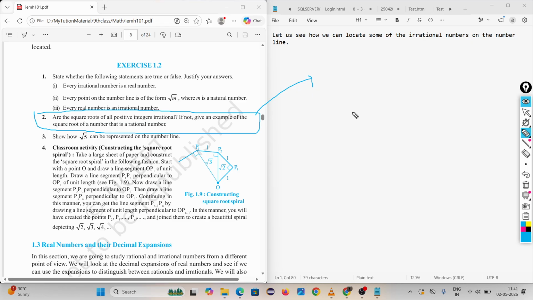Remember, you always think, sir, why does it talk about positive integers? If it is a negative integer, the square root comes under imaginary numbers, another category which you learn in 11th class. So that's why it is written positive integer. If any negative number is under the square root, that is called an imaginary number. So we don't consider negative numbers this time. The question is saying, are the square roots of all positive integers irrational? If not, is this statement correct or wrong?